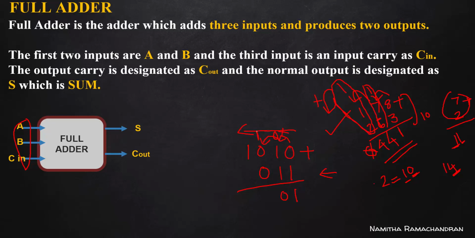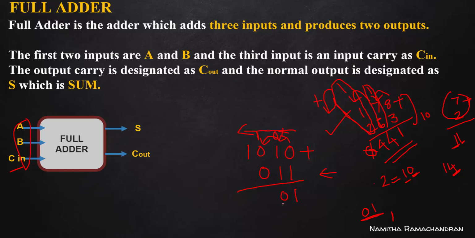Then here we need to add. Here the carry in is 1, and this particular input is 1. In the previous case this carry input was 0. Here it is 1. So add 1 plus 0 plus 0. That is 1. 1 in binary is 1 itself, and it can be written like this or as 01.